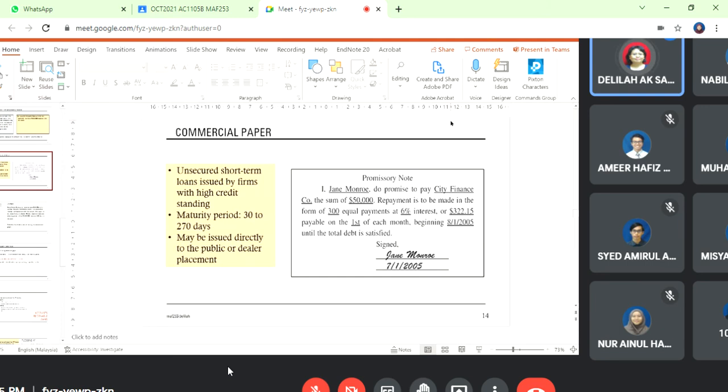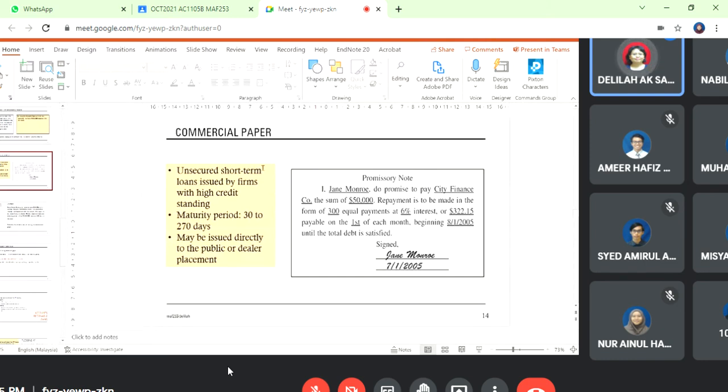How many installments, 300, what is the interest rate, how much is the amount for one installment, when it is paid, and the start date, until your borrowing is fully paid. So this is a very simple promissory note.